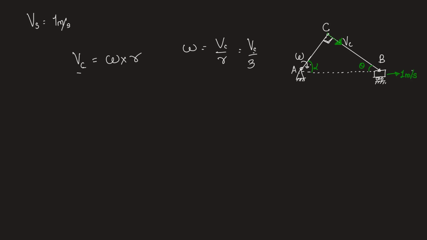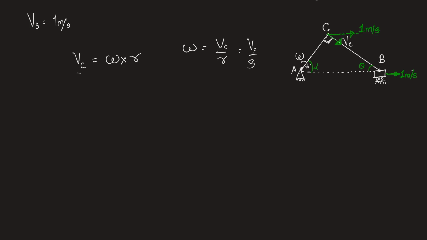So we know that velocity of point C in this direction, that is parallel to this velocity vector which represents the velocity of slider, will have a magnitude of 1 meter per second itself, because BC is a continuous piece of rod, and therefore all the points on this rod are moving with the same linear velocity.